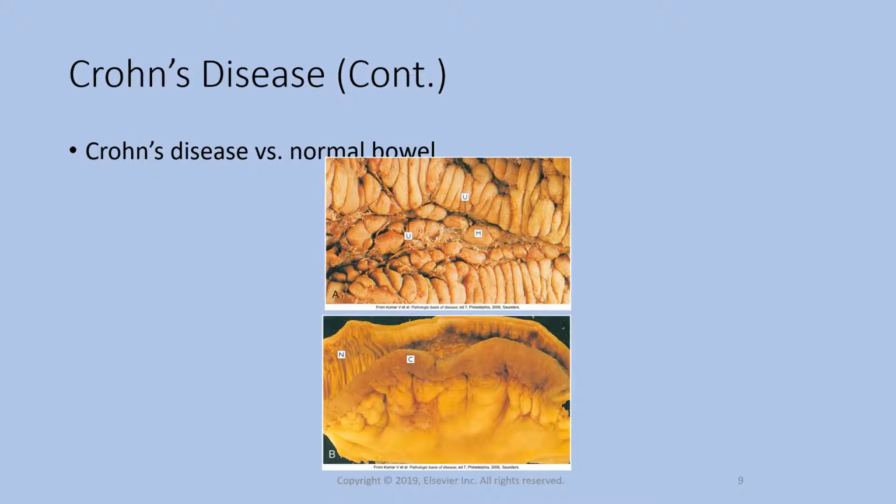So this is the appearance of a normal colon versus a Crohn's disease colon. This would be normal, smooth and regular, and this is how Crohn's looks, with an abnormal cobblestone appearance.